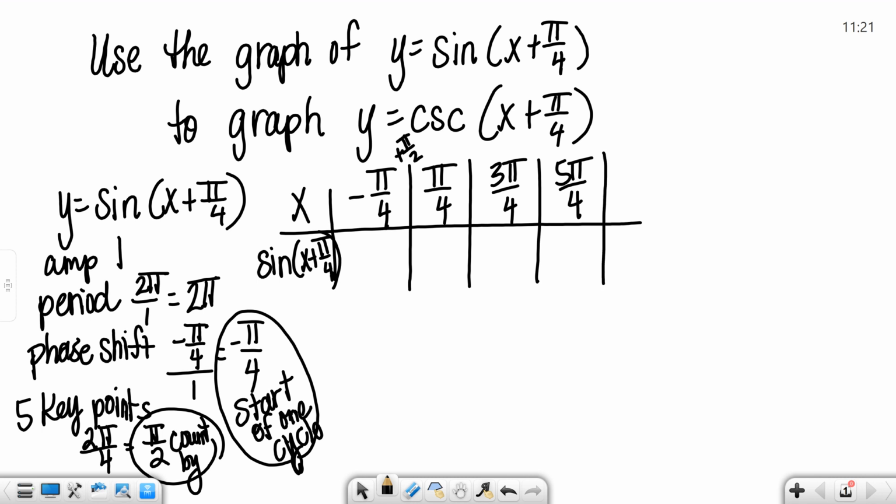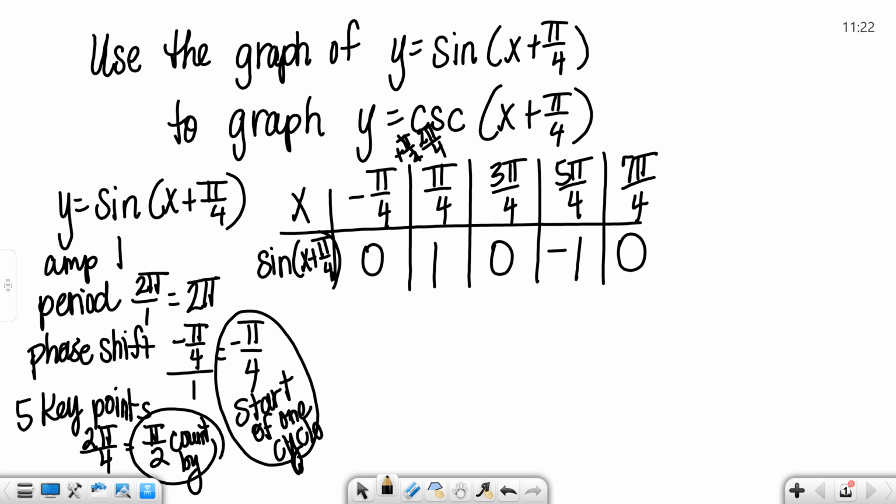Add pi over 2, you get 7 pi over 4. The reason that works out is I have to get a common denominator, so really every time I'm adding 2 pi over 4. So 1 pi over 4 plus 2 pi over 4 gives me 3 pi over 4. Now I have my x values. My y values come from the sine of the original function, usually 0, 1, and my amplitude is 1, so that can stay 1, 0, negative 1, and 0.